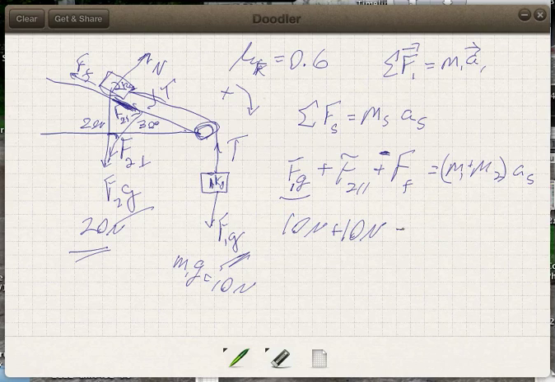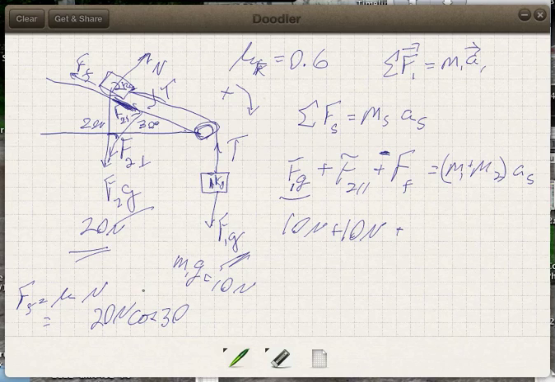Now we need to find the force of friction. How are we going to find the force of friction? I know force of friction is equal to mu times the normal force. So what's the normal force? We look at the acceleration in the perpendicular direction, and we realize it's not accelerating at all in this direction. So the normal force must be equal and opposite to the perpendicular component of gravity. So that must be equal to 20 newtons times the cosine of 30.